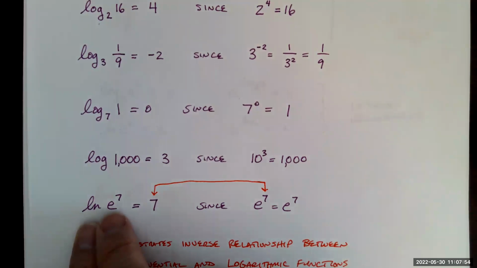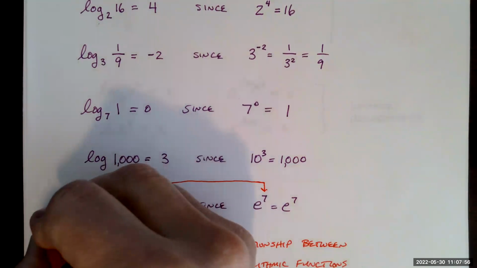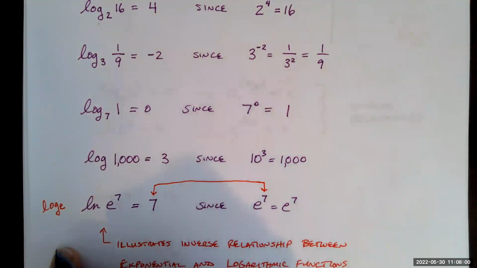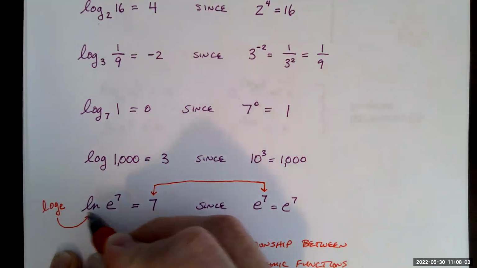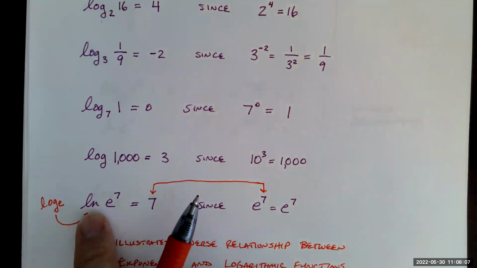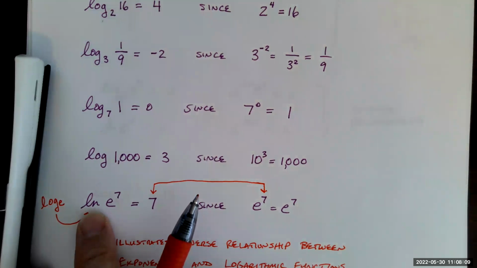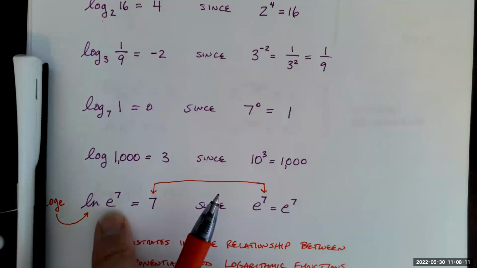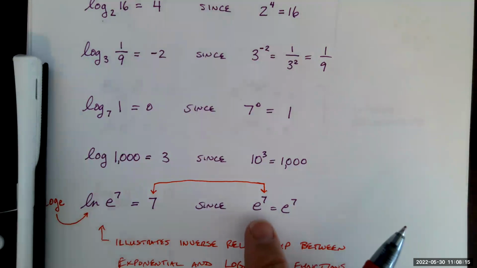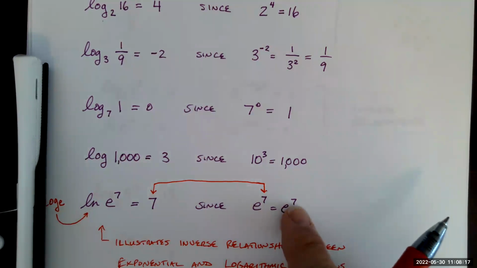ln, that is log base e. We use this abbreviation ln for logarithme naturel, which is the French rendering of that. So if we take the natural log of e to the 7th power, we get 7 because e to the 7th power is e to the 7th power.